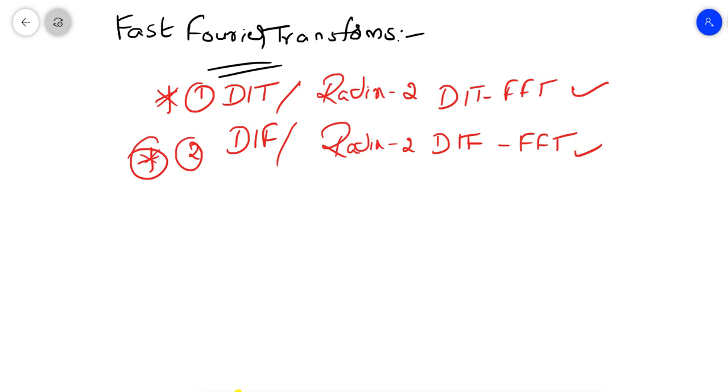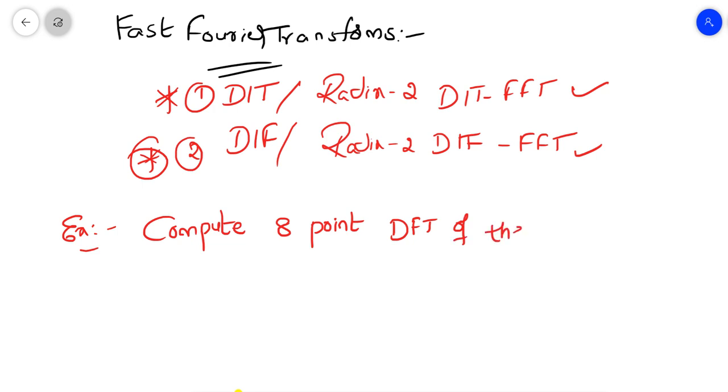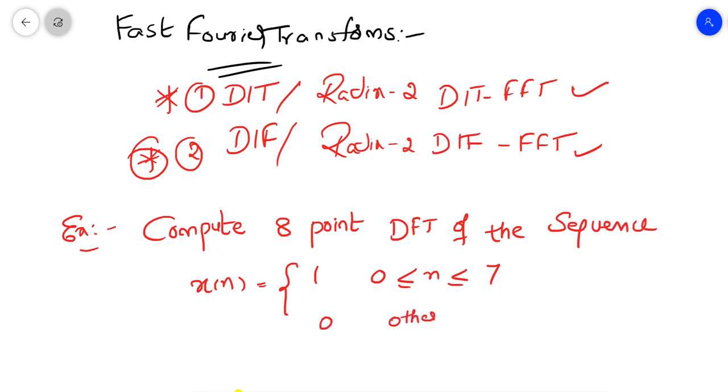This decimation in time algorithm can be solved by using one example. So what is the problem here? Compute the 8 point DFT of the sequence which is given by x of n equal to 1, where n is between 0 to 7, and 0 otherwise.